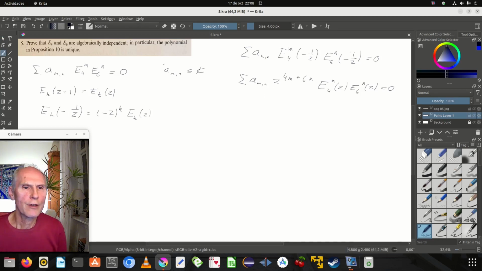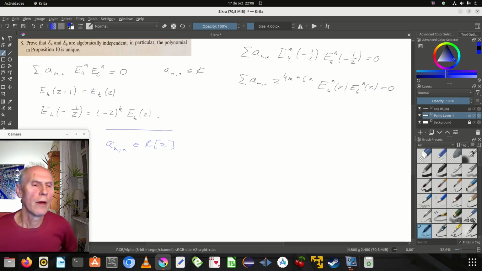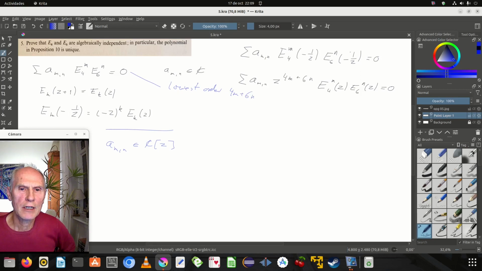So instead of this, let's assume that our polynomials are over C, and then we assume this one to be of the lowest order, and that means that 4m plus 6n is as small as possible. Such a guy should exist.